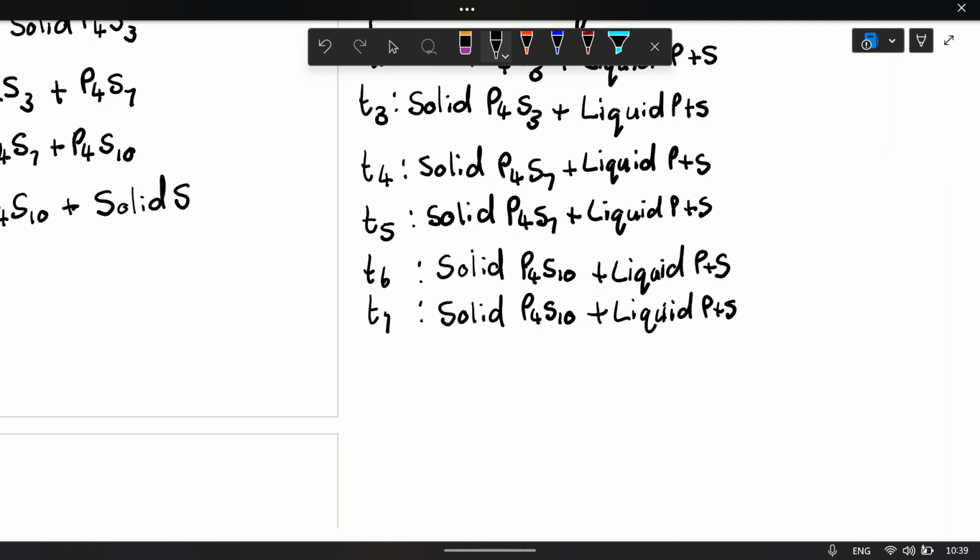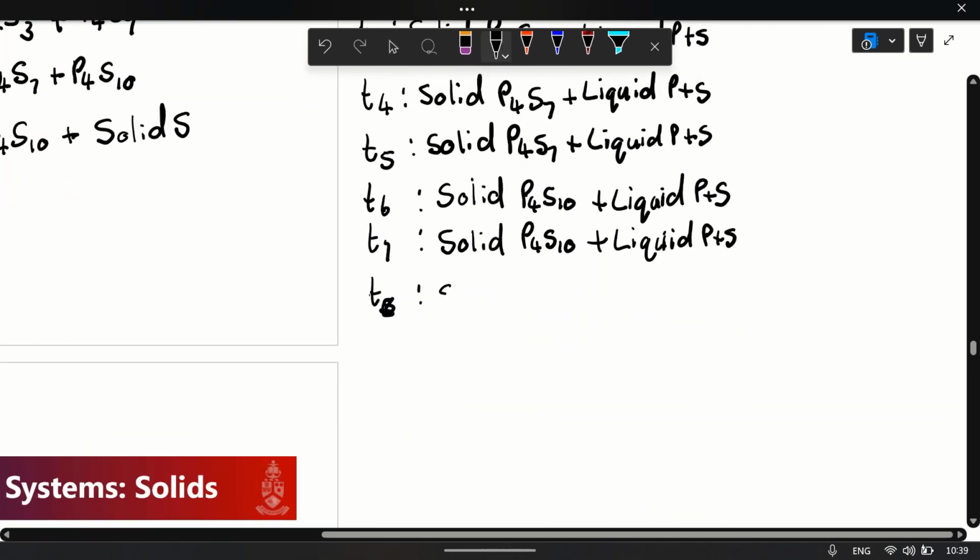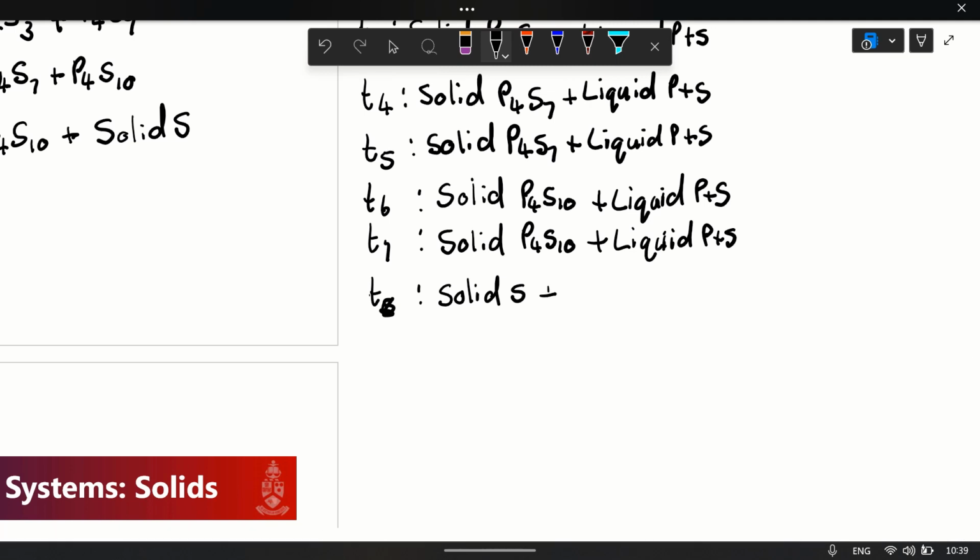Okay. And then just finally, T8. What is T8? T8, of course, is the region where we have excess sulfur. So we expect there to be solid sulfur present, plus a liquid.